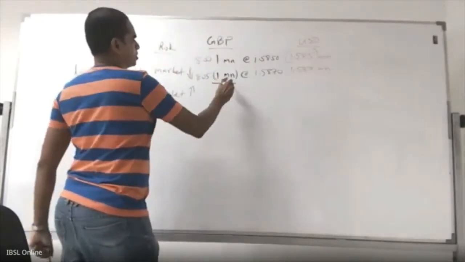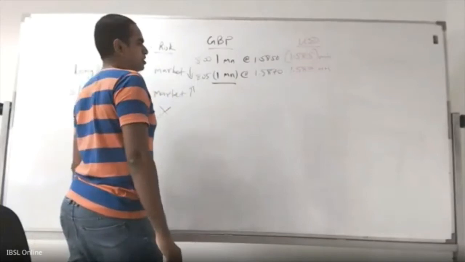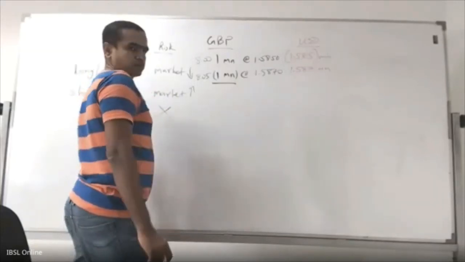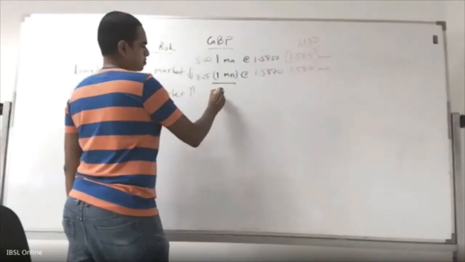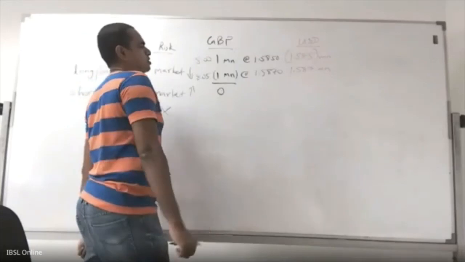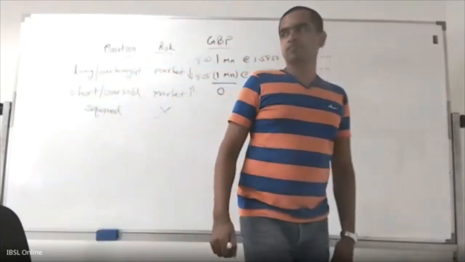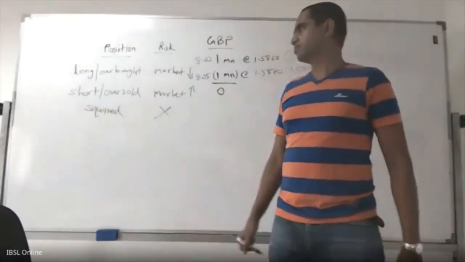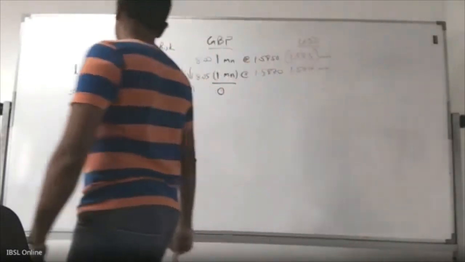Now your sterling position is what? Zero. In other words, position 0 is called what? Square.